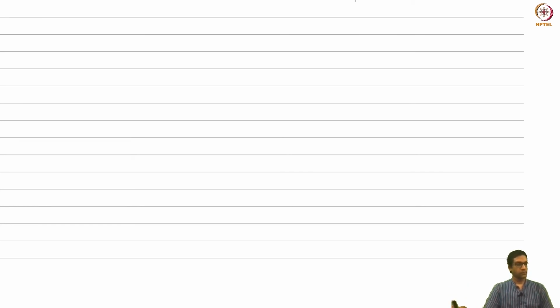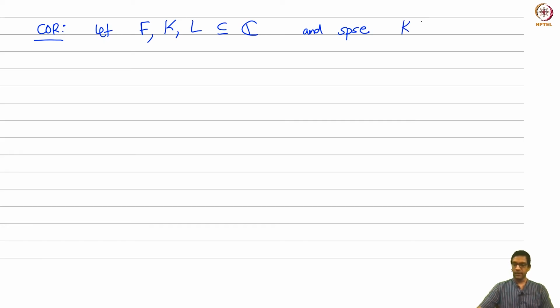It says the following. Corollary: let F, K, L be subfields of C, with F contained in both of them.